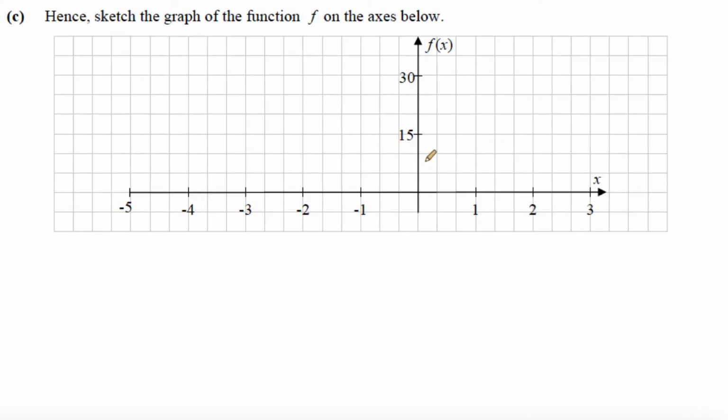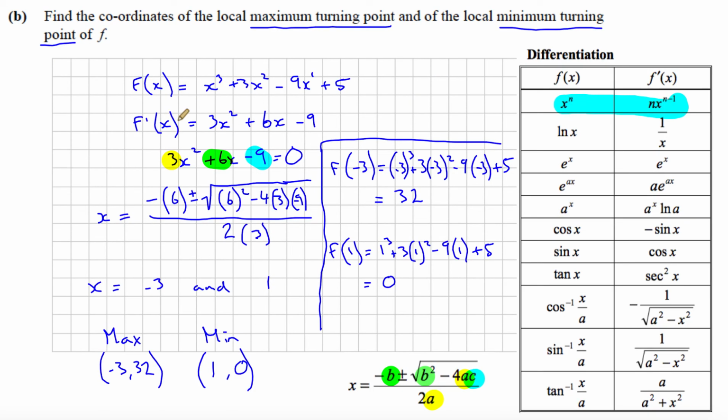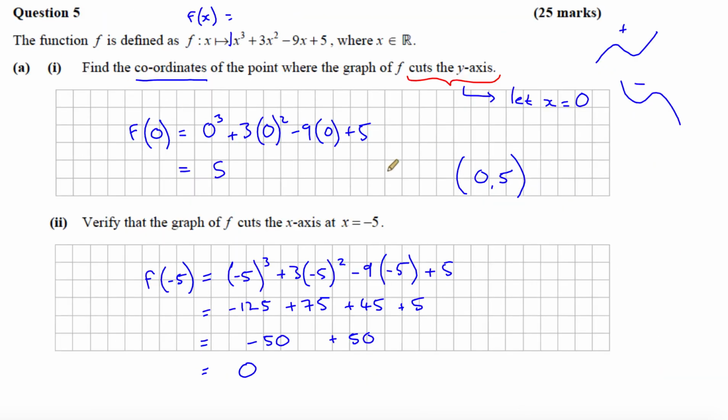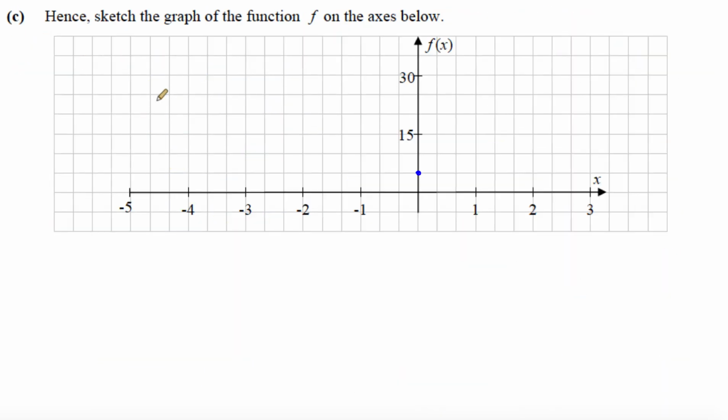So let's mark this. The y-intercept is 5. This is the y-axis, or the f of x axis, same thing. So this is going up in 1s, so 5 would be here. That's the y-intercept. The max is minus 3, 32, which is over to minus 3 and up to 32, which would be somewhere like there.